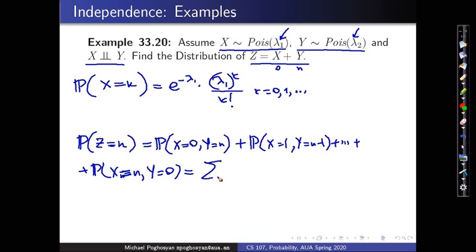And I can write that in the form of a sum, k running from 0 to n, of the probability that x is equal to k times the probability that y is equal to n minus k.